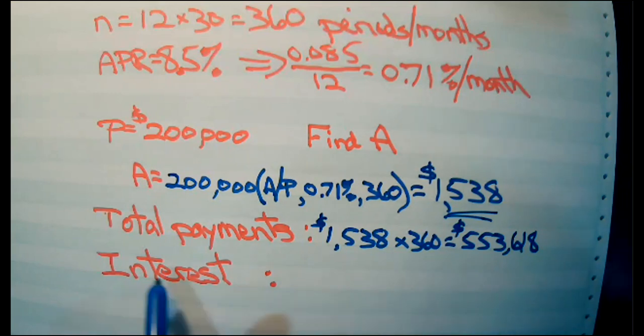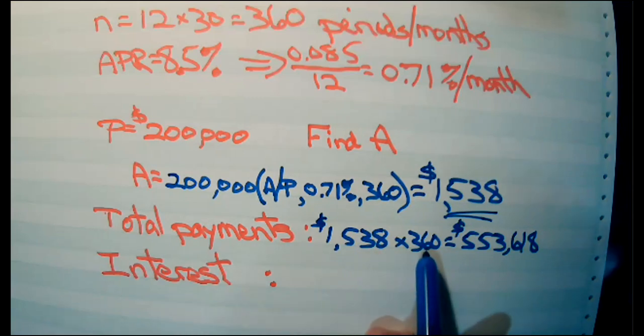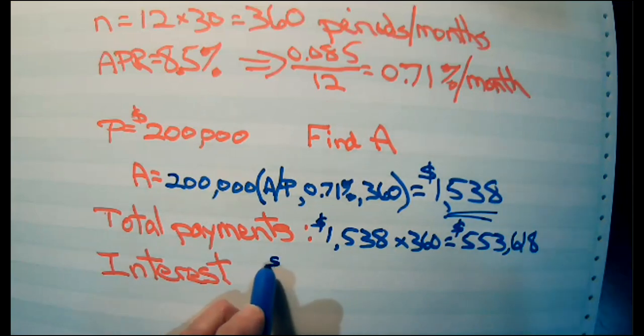Okay, so the question was, how much interest is paid over the life of the loan? Well, there's the life of the loan. How much interest did you pay? Everything that's not principal is interest.